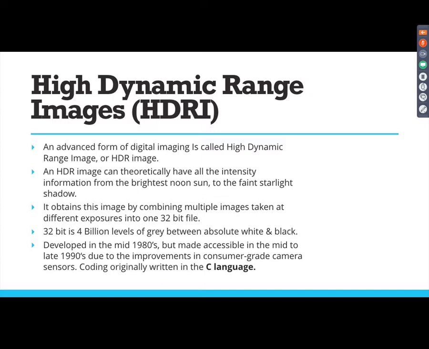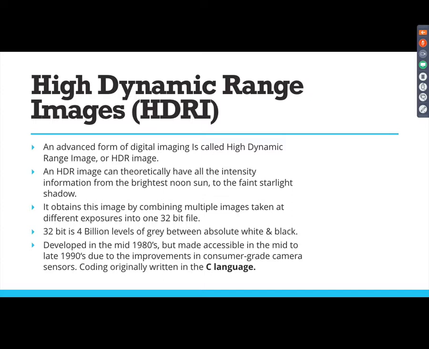All right, it was developed in the mid-1980s, but made accessible to the public, that's us, consumers, not until the mid-1990s. Because digital cameras in the 1980s were virtually non-existent, and when they did come out in the early 90s, they were awful.